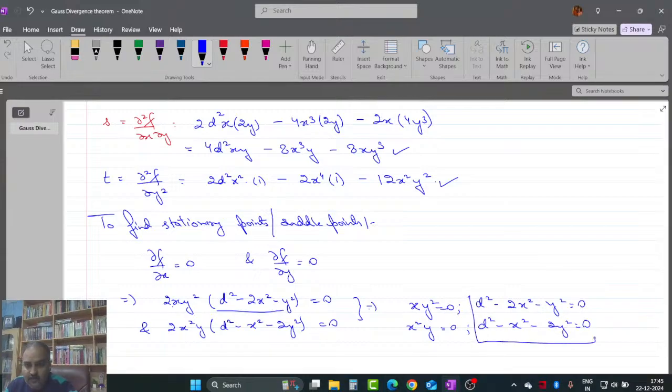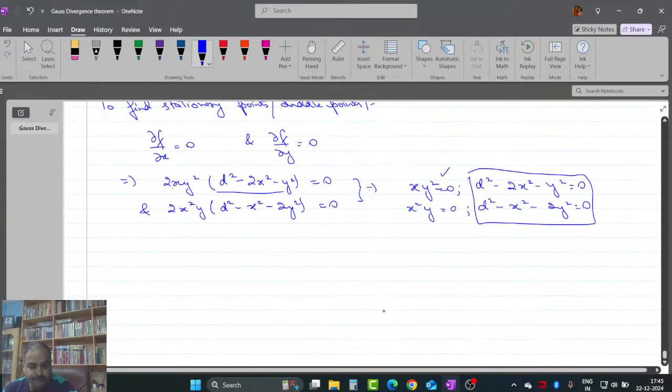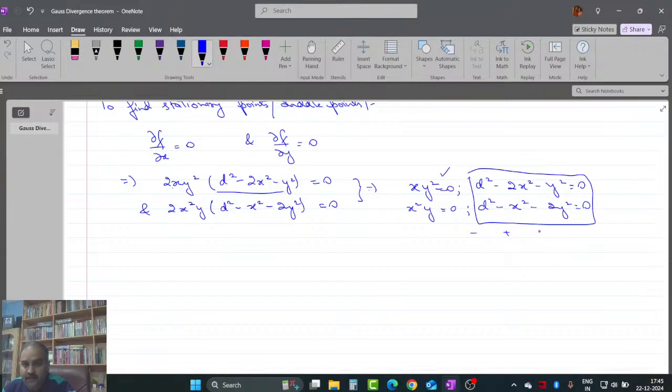I need to solve these two terms because those state that x = 0, y = 0. Now I make a subtraction: minus, positive and positive. If I cancel out, d² will be cancelled out. I'll name the equations star 1 and star 2.